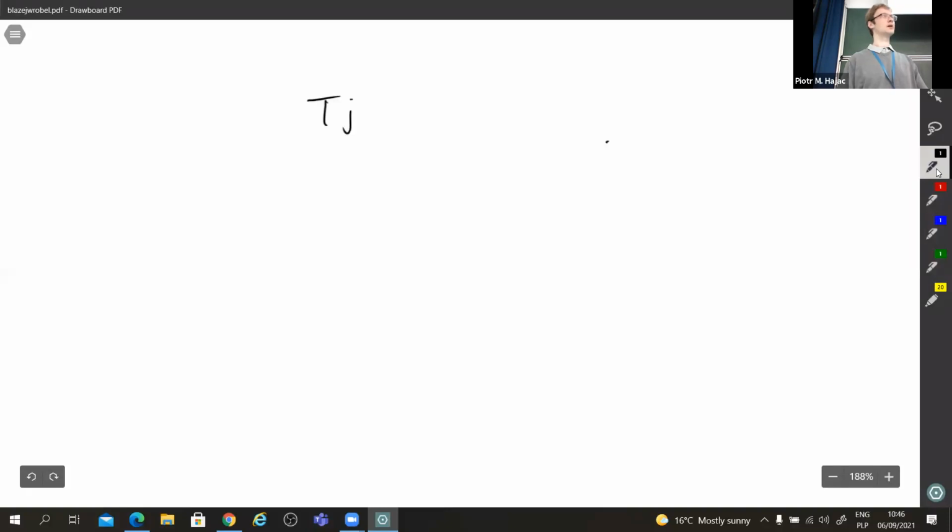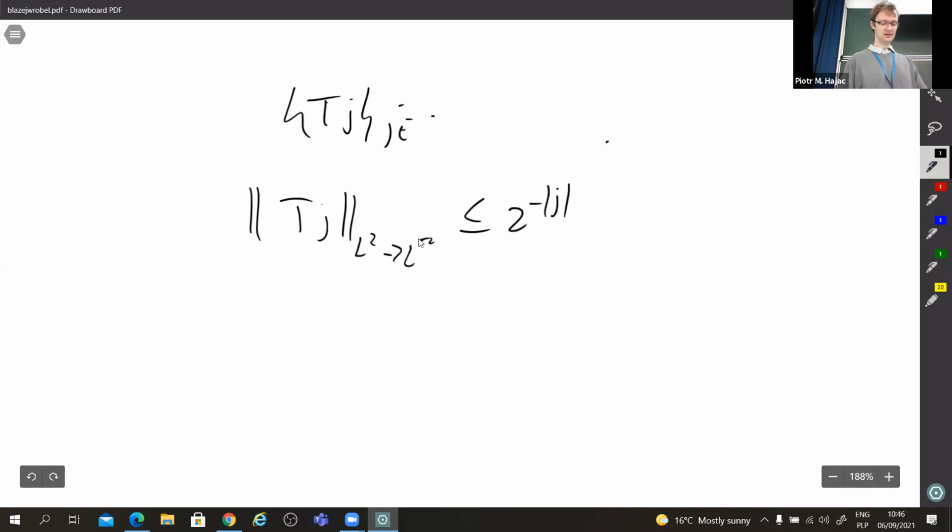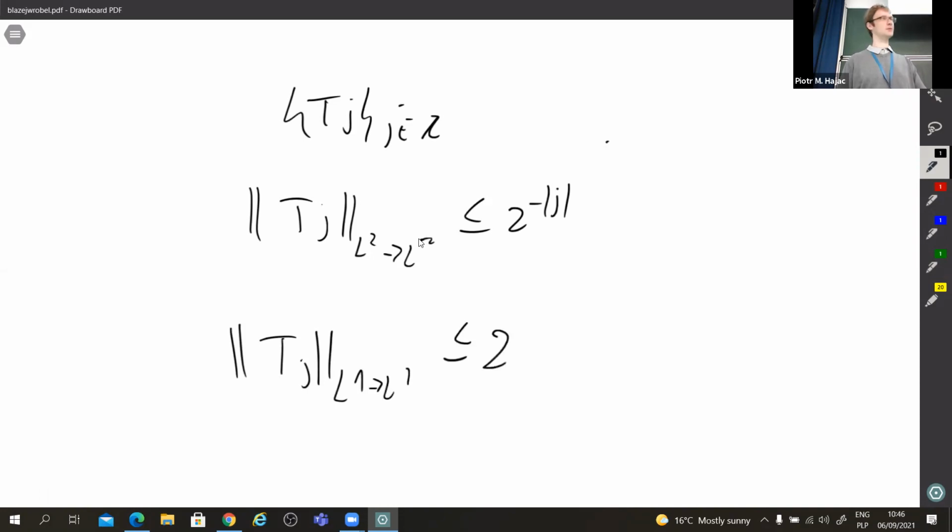And you know that Tj on L2 decays as something like 2 to the minus j. I don't remember. They are indexed by integers. On the other hand, you know that for these operators, you have some estimate on L1, which grows with j, I don't remember exactly what to put in the exponent to really get 3/2, but say 2 to the j.